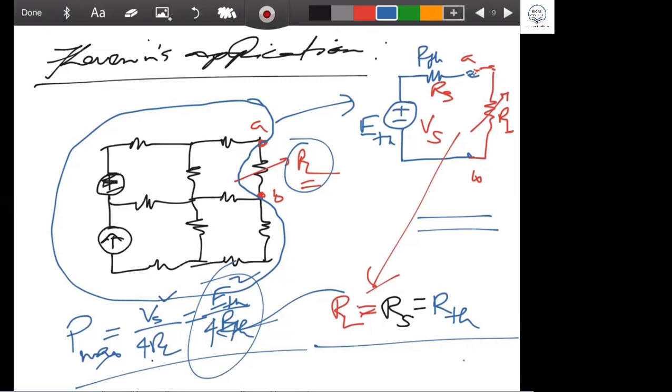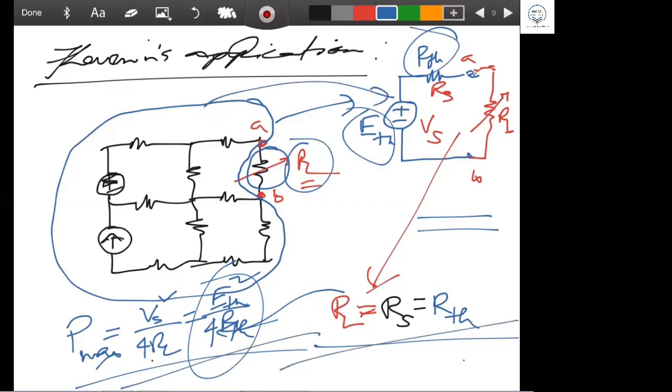It can be applied to a complicated circuit where you change the load and want to find at what load you get maximum power. Every time you don't need to calculate everything; just find the equivalent R Thevenin and the equivalent voltage. If you can simplify these two things, then straight away from this equation you can find the maximum power transferred to RL. You understand me?